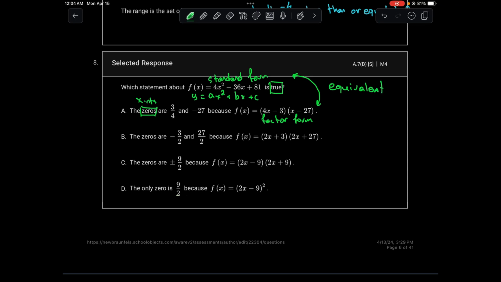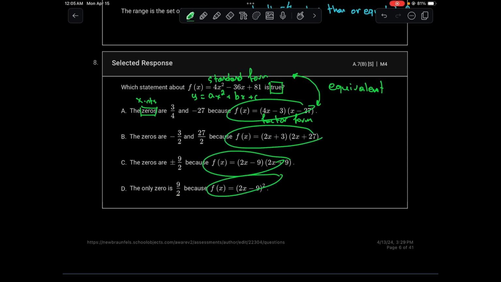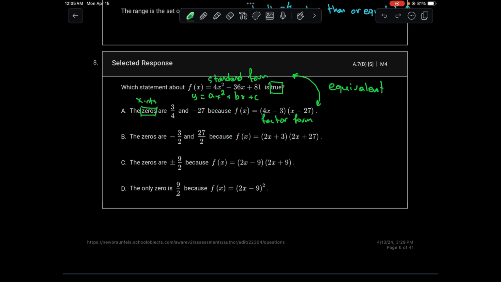Otherwise, the zeros of one would not be the zeros of the other, and I wouldn't try to find the zeros of one by finding the zeros of the other. So, if they are equivalent, what do they have? Not only the same zeros, they have the same chart, they have the same graph, they have the same everything. And I'm going to try to find which one of those options has the same graph as the given one. Okay, let's do that.